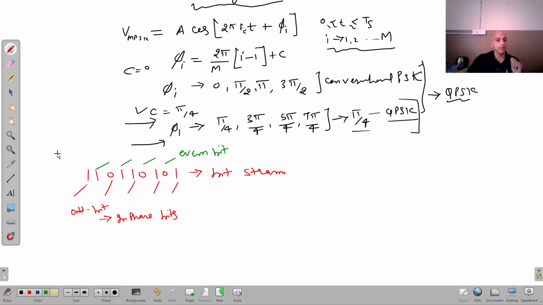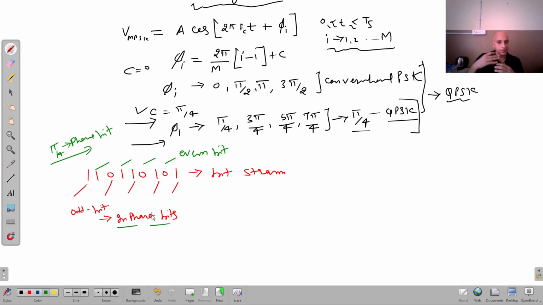And they are also known as quadrature phase bits. In phase and quadrature phase bits, or in phase bits and out of phase bits, we can also say that. So even bits are taken as pi by 4 phase bits, and the odd bits are taken as in phase bits.